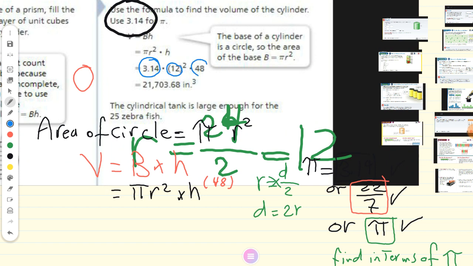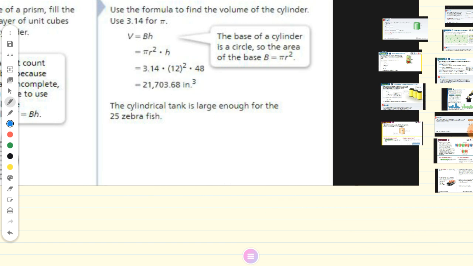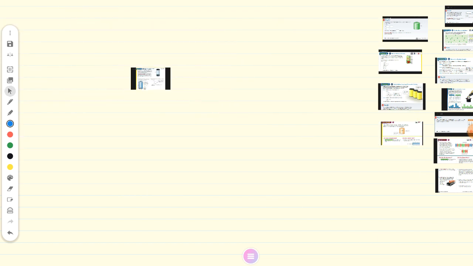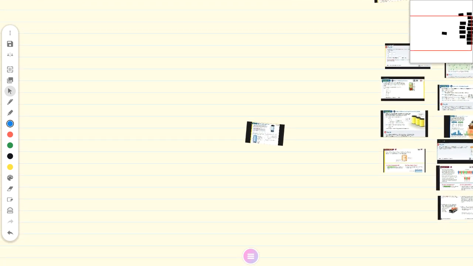Instead of h, I will write 48. Multiply them together and you will find this number. This is how you can calculate the volume of a cylinder. Sometimes he asks the question in a different way, so let's talk about more examples.